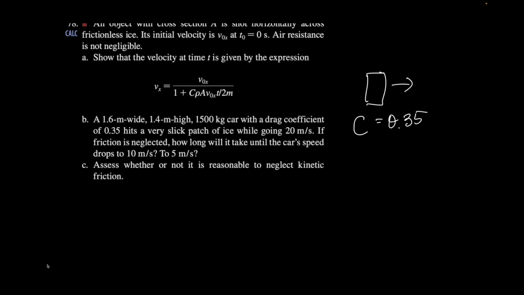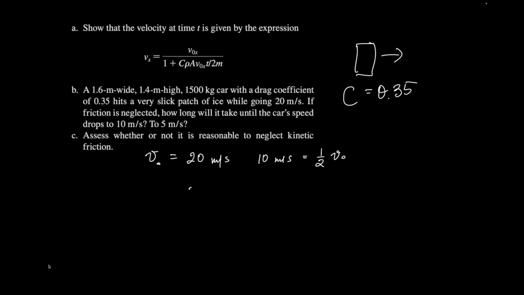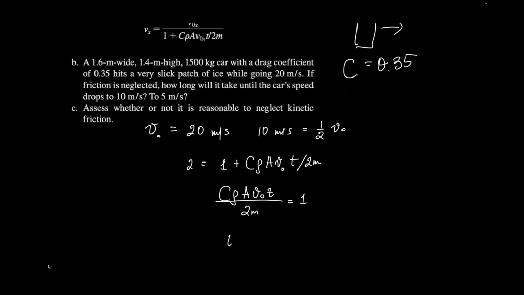So it's going to be 1/2 of what it was before. 2 should be equal to 1 plus C rho A V0 t over 2m. So C rho A V0 t over 2m should be equal to 2 minus 1, which is 1. From where t is going to be 2m divided by C rho A V0.